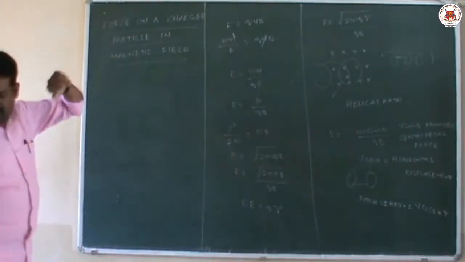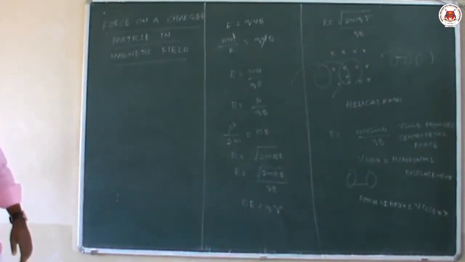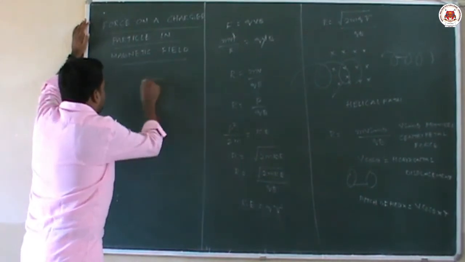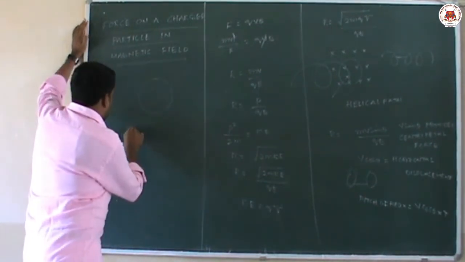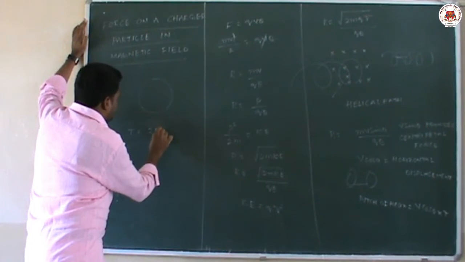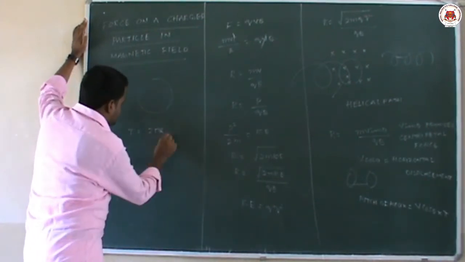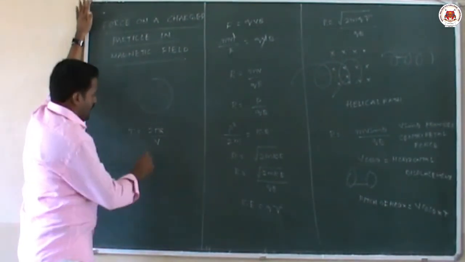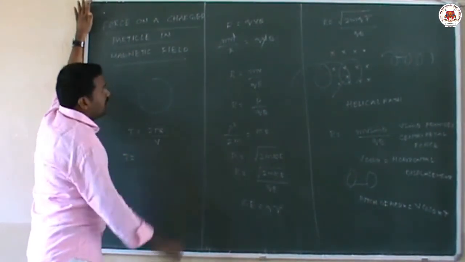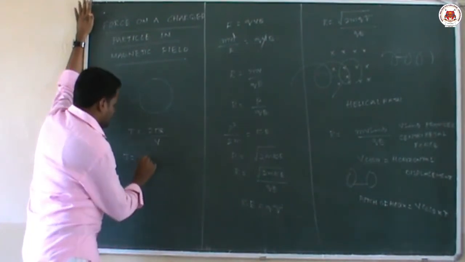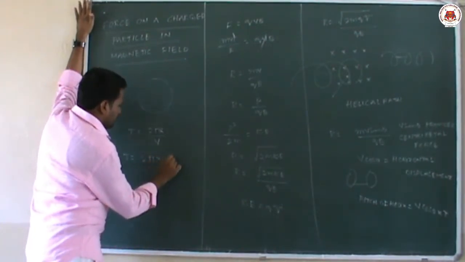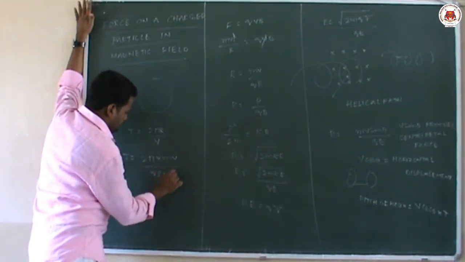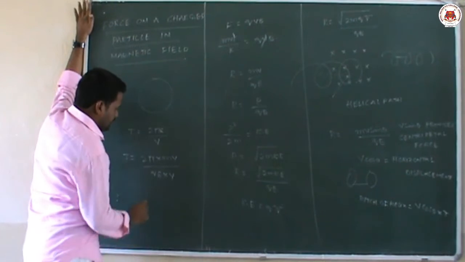Time taken is distance travelled divided by speed. It revolves in a circle, so distance travelled is 2 pi r, divided by the magnitude of velocity, the speed. So r is equal to mv by qB, then 2 pi into mv by qB into 1 by v.